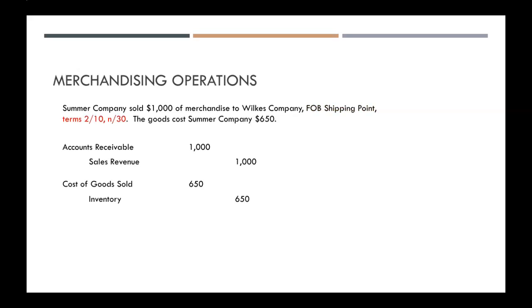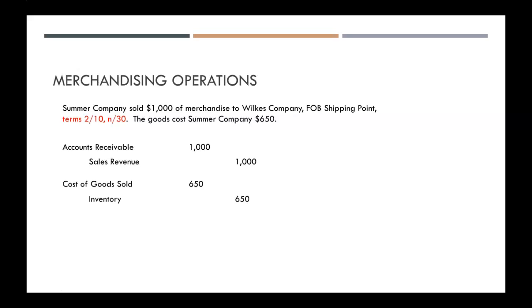Next, we have these terms. We read this as terms 2/10, net 30. What that means is that the seller's willing to offer a 2% discount if the buyer pays within 10 days, or they have to pay the net, all of it, within 30 days.